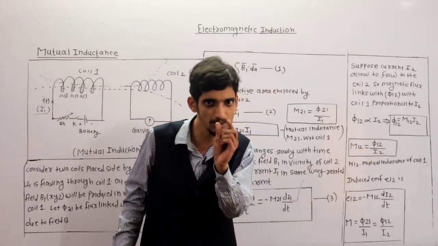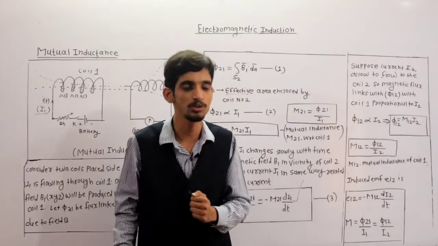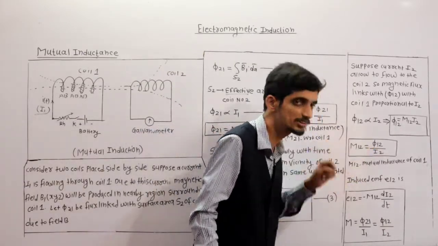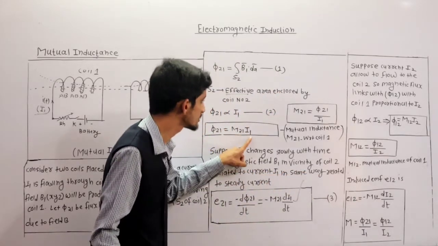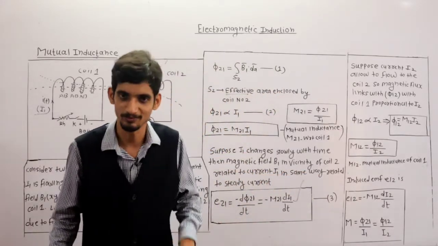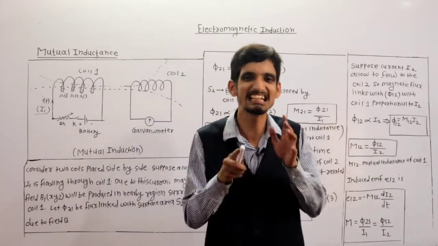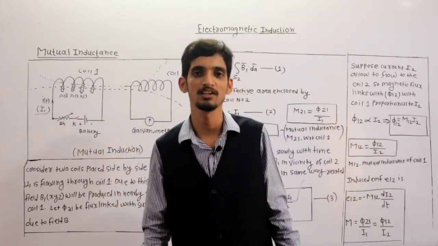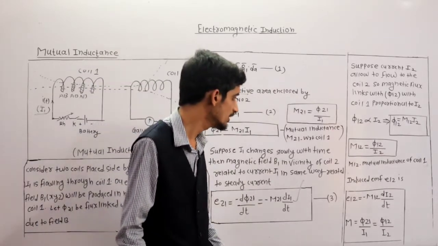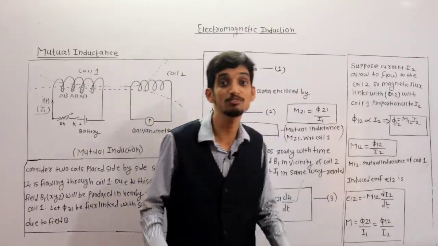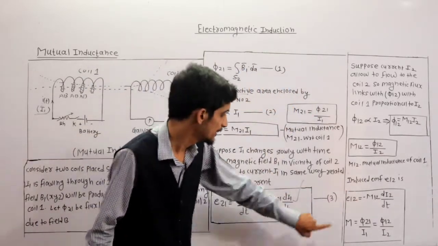So this formula can be remembered in a shortcut manner. How? If this is M12, then the flux is also phi 12. If it is M21, then the flux is also phi 21, because as we know, inductance means flux per unit change in current. Clear? Okay. Now the EMF induced in the first coil is E12.